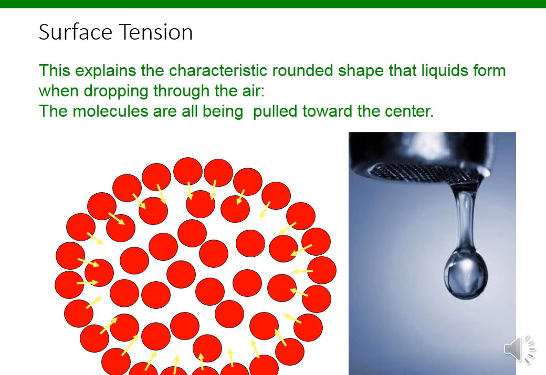This explains the characteristic rounded shape that liquids form when dropping through the air. See here, you can see the tension, so there is a connection between the tap and the water droplet.